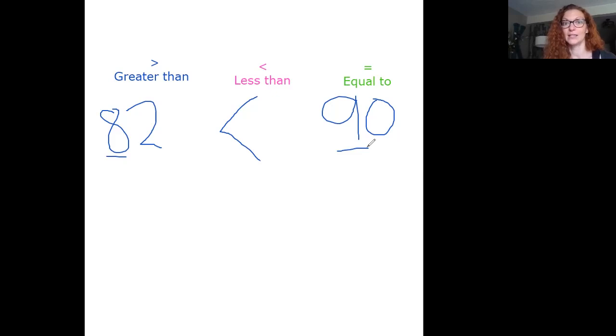And we know that alligator eats the bigger number. Nice work. All right, so remember, we read from this side and we go this way. So what side of the symbol are we going to get to first? The smaller pointy side, right? So what does that say? All right, let's read it. Ready? 82 is less than 90. Very nice job.